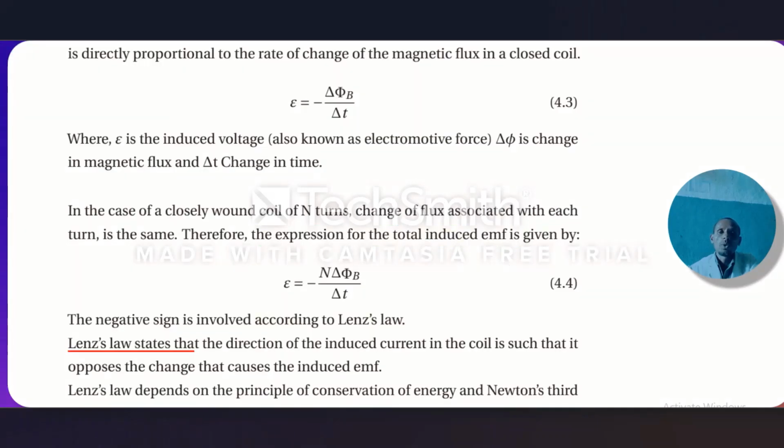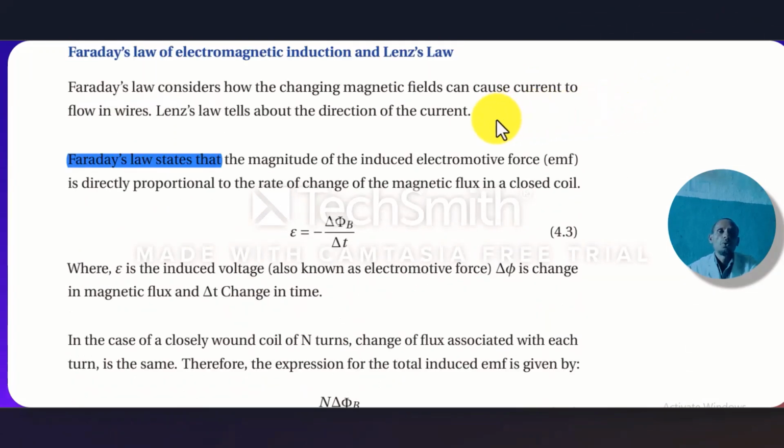Let me show you about Faraday's law. According to Faraday's law of electromagnetic induction and Lenz's law, Faraday's law considers how the change in magnetic field can cause current to flow in wires. Lenz's law tells us about the direction of the current.